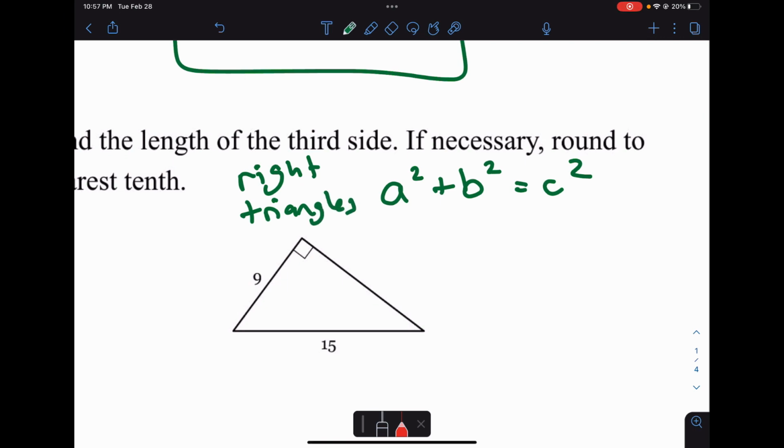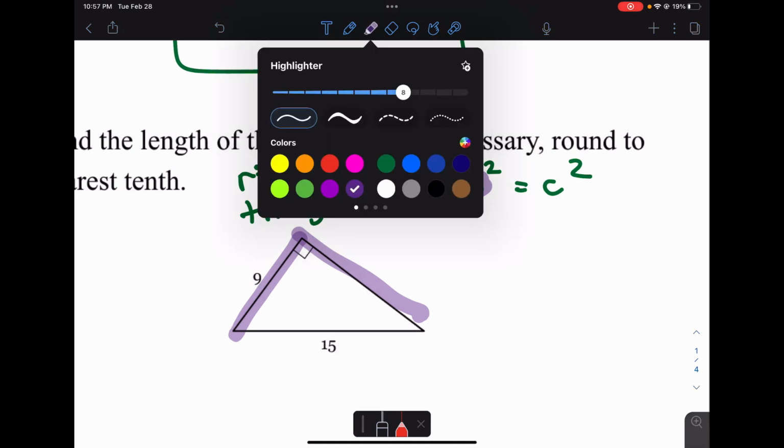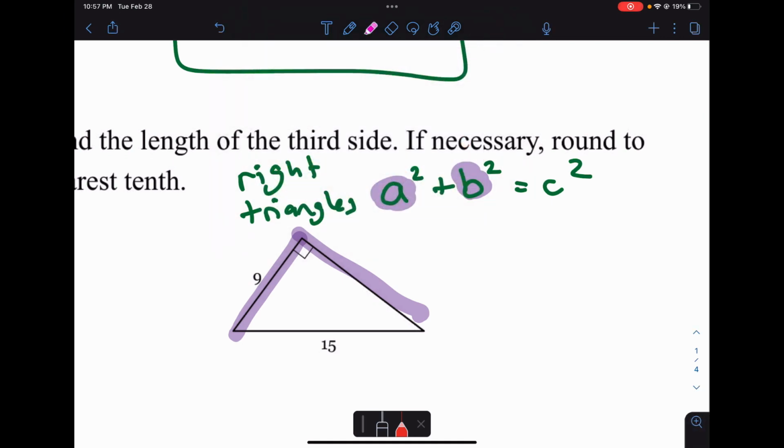So that means that you have to have a right angle in there. Basically your A and B are going to be your legs. It doesn't matter which one you label A and which one you label B. You can flip-flop those, but the one that does really matter is what you label C. That's always your hypotenuse, and your hypotenuse is across from the 90-degree angle.